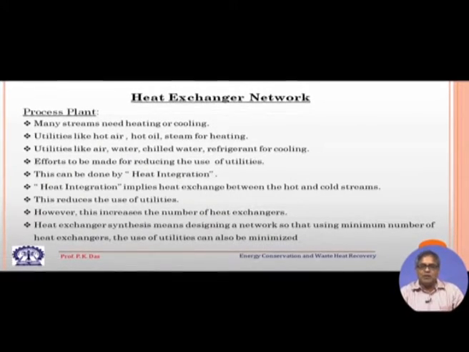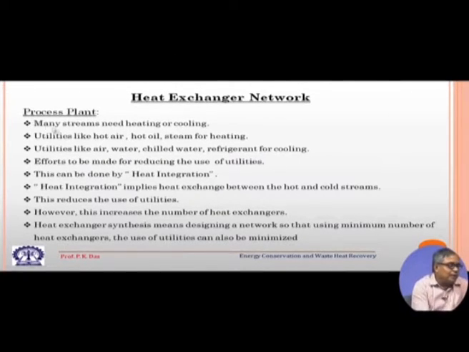That means a particular stream will be available at a particular temperature, which could be called the supply temperature, and then for this stream there is some sort of target temperature to which that stream has to be brought.